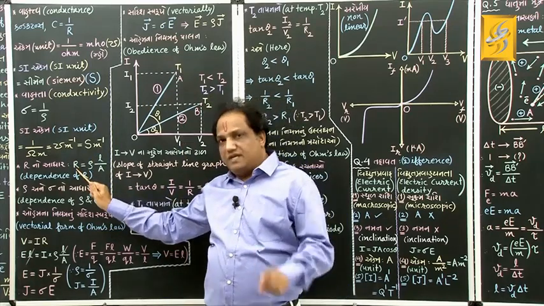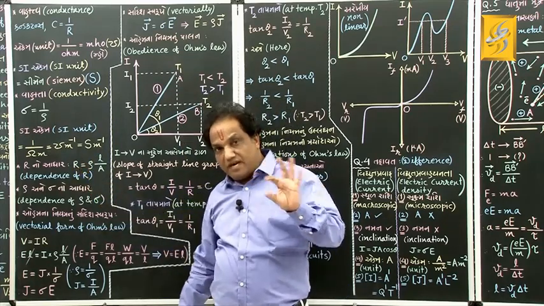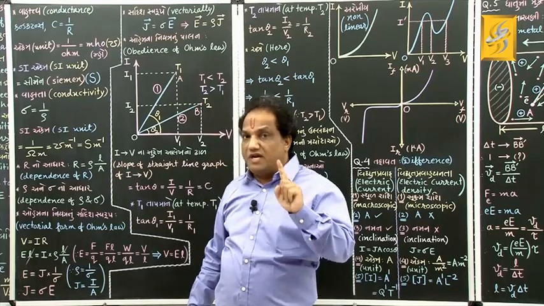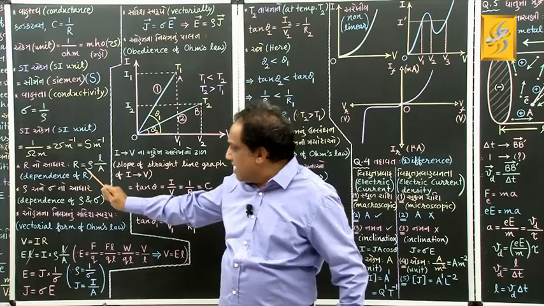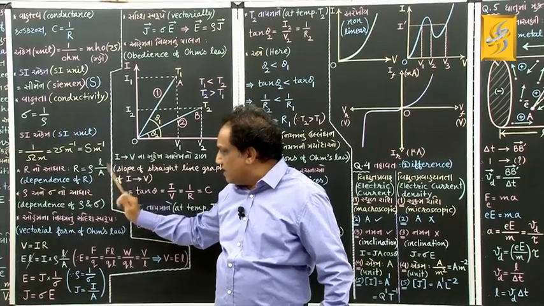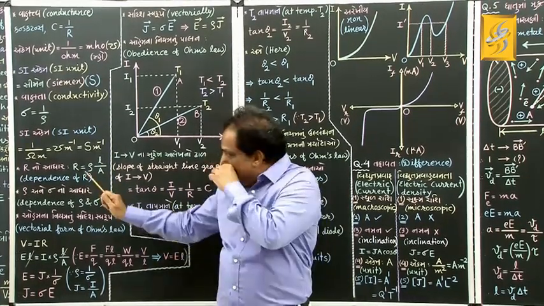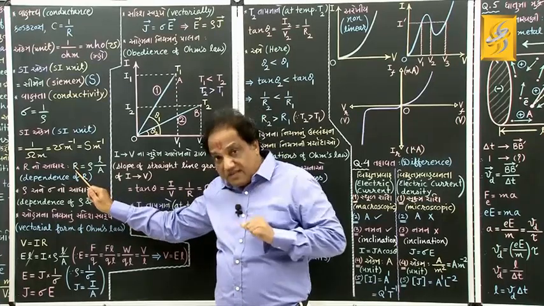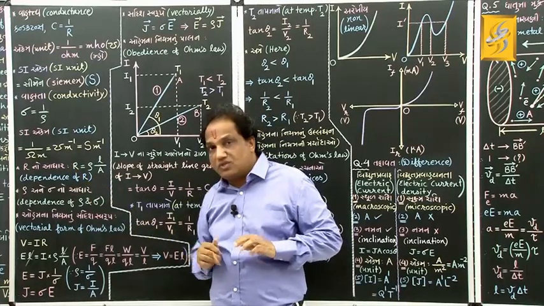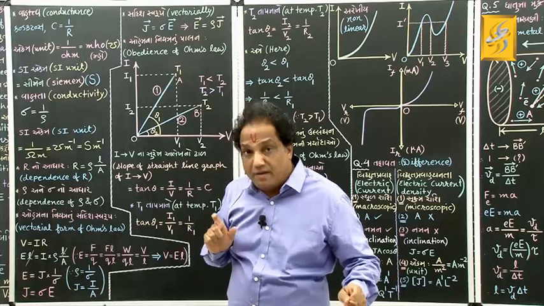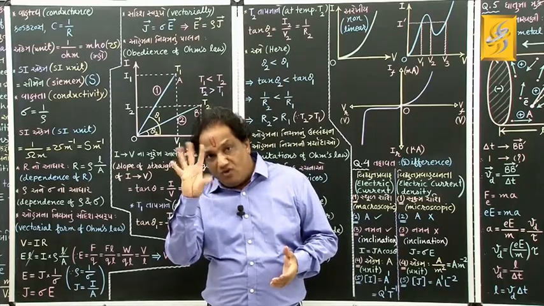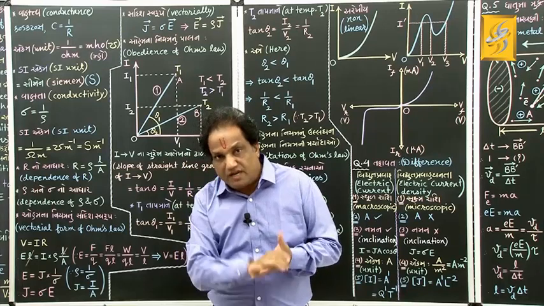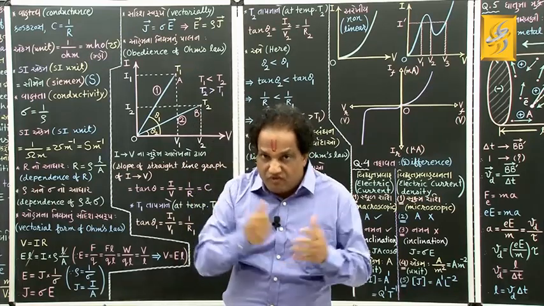Last time we had seen the electrical resistance of a metallic wire. By formula it was R equals rho into L by A. On which factors does this resistance of a metallic wire depend? I tell you, totally on 5 factors the resistance of a metallic wire depends. Which 5 factors?